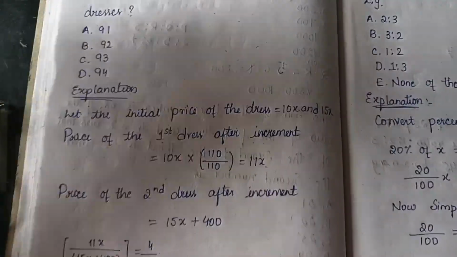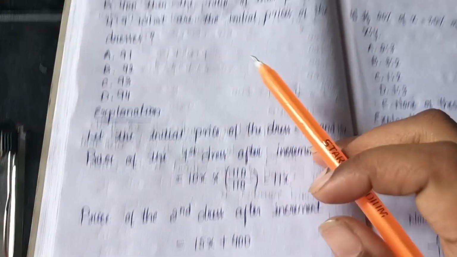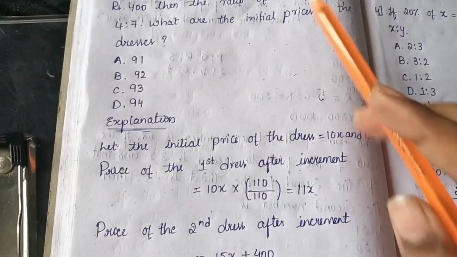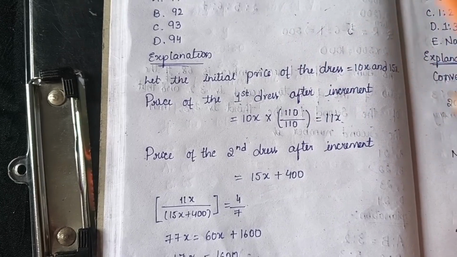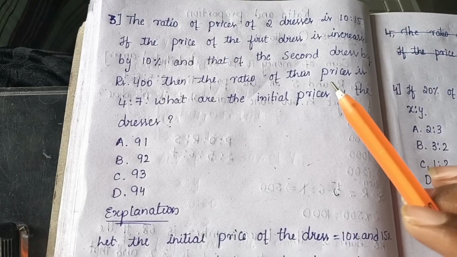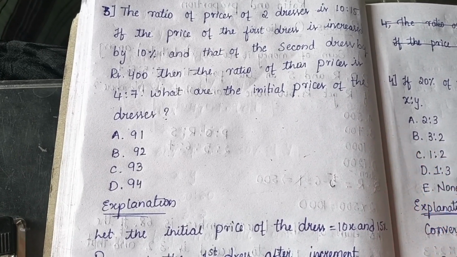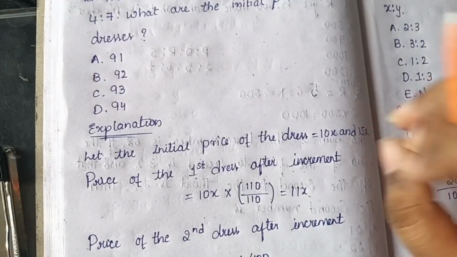Okay, so let us assume the initial prices. The given ratio is 10 is to 15. Whenever only the ratio is given, assume the actual prices are: first dress is 10x and the second dress is 15x. So here x is a common multiplier.